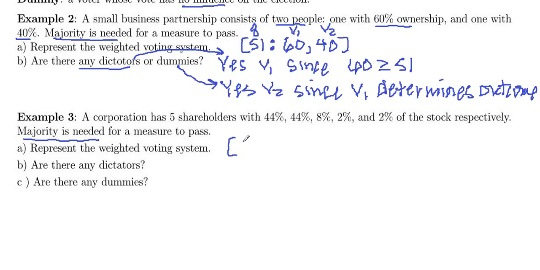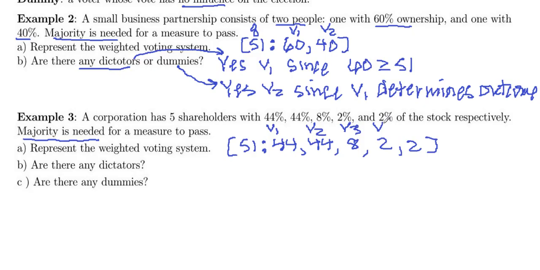A majority would be just more than half, so again, 51. And then voter 1 gets 44 votes. Voter 2 also gets 44 votes. Voter 3 gets 8 votes. Voter 4 and 5 both get 2.